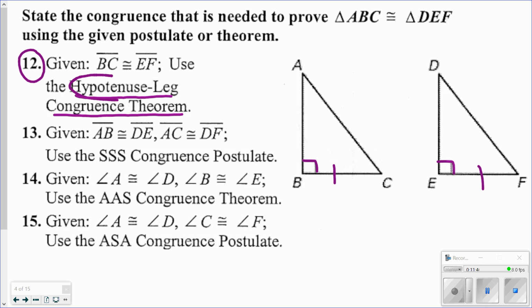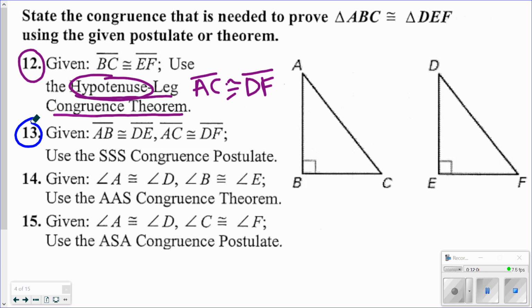So all that I'm missing is the hypotenuse. And if you look at this diagram, where are the hypotenuse for each triangle? Right here. And so I'll mark that as AC and DF. And I'm done.